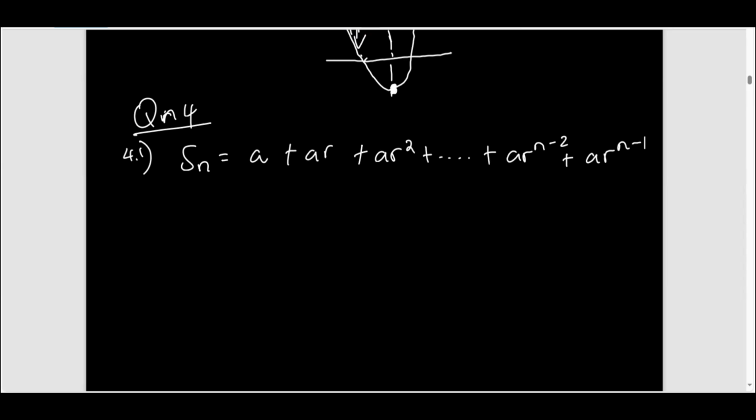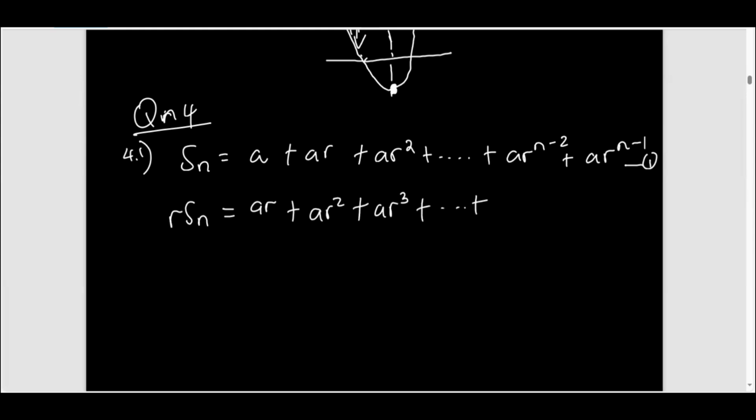Then, if we call this equation 1, we need to multiply this first equation by R, okay? So on the left, we shall have R times Sn, which is RSn. Then this will be AR, and then this becomes AR squared. This becomes AR cubed, and so on and so forth.